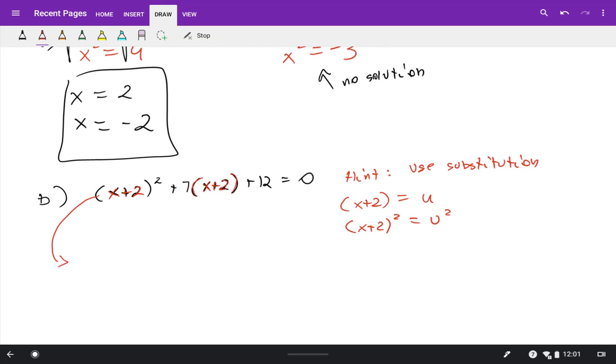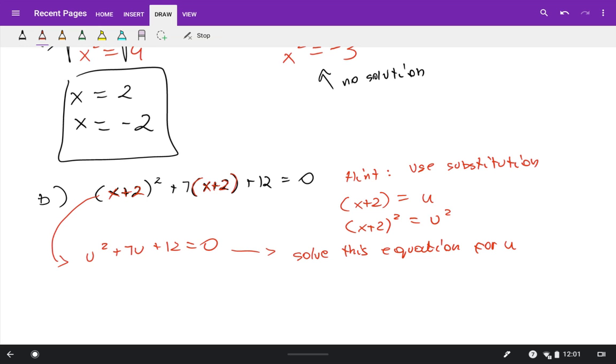That will become u squared plus 7u plus 12 equals 0. And this is a quadratic equation, and I will solve this equation for u.